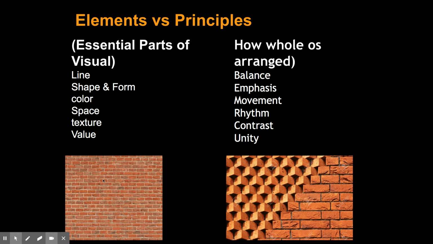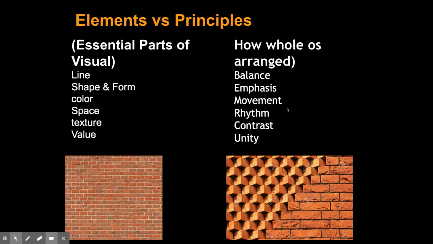There's always going to be some sort of shape, rectangle, right? Color, red and gray. Space, they're close, the bricks are closely packed together and they're running off the border of the square. Texture, it's rough, and value, the bricks are darker value than the grout.